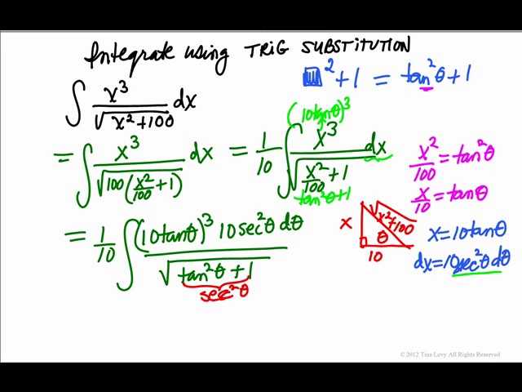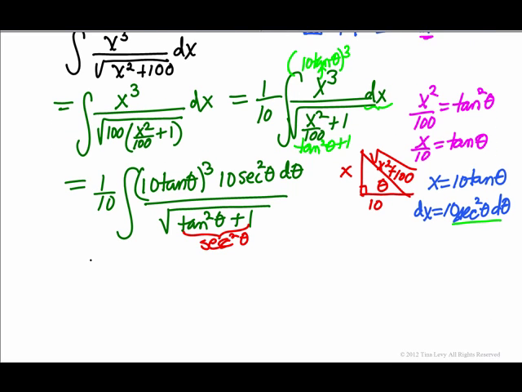Okay, so now, working this out, I have 1/10. The integral of 10 cubed is 1,000. And then I've got times another 10, so it's 10,000. Tangent cubed theta. I've got a secant squared theta d theta.